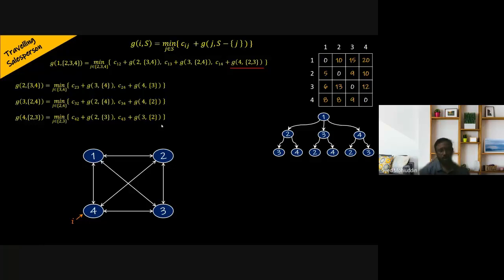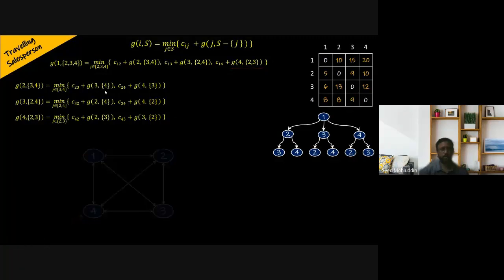Still, here we have 6 more values of G that have to be computed. So we still don't know the cost. We only know the cost of 2, 3 or 3, 4, 3, 2 or 4, 2. But we don't know these G values. So we'll proceed further.